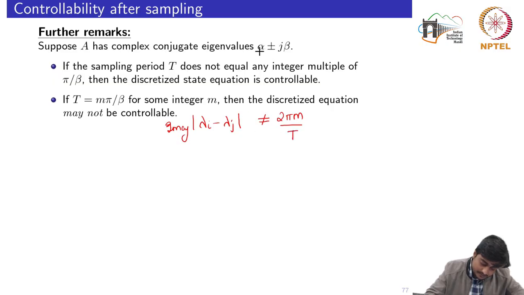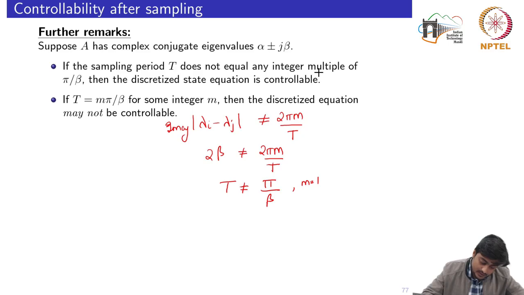Now the difference here, the imaginary part, we would have twice beta from here, and this should not be equal to 2 pi m by t, which is equivalent to saying that t is not equal to m pi by beta, for m equal to 1.